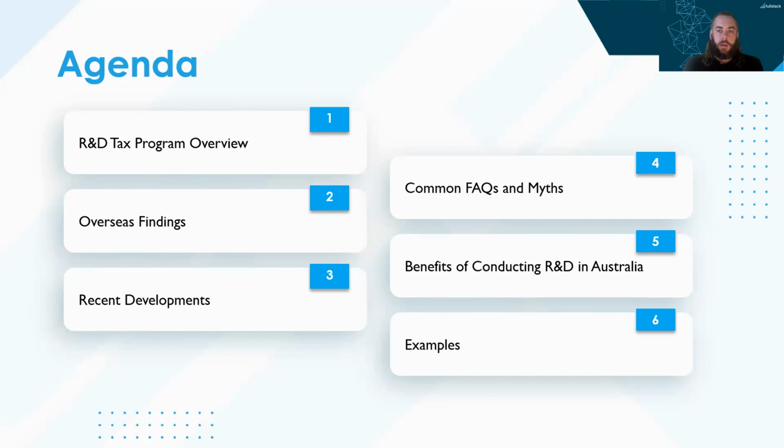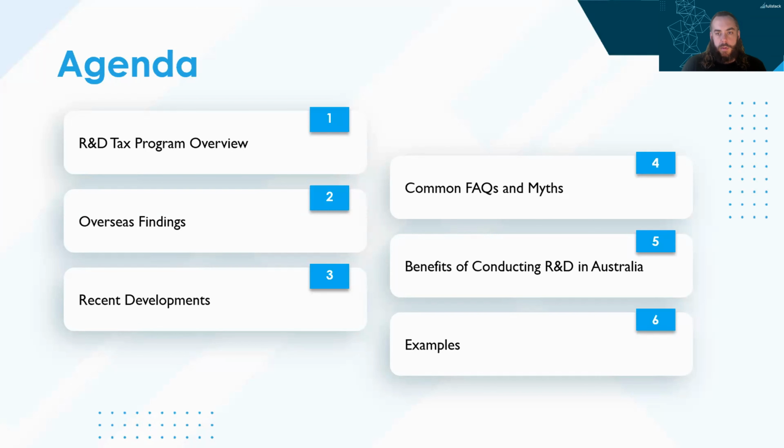presentation. On the agenda today, starting with an overview of the R&D tax program. I'm not going to go in as in-depth as I normally would for other presentations. We do have webinars and a lot of content on our website just around the basics of the R&D tax program, and obviously there's a lot on the ATO and the Oz Industry website.